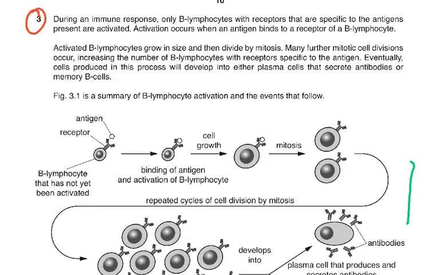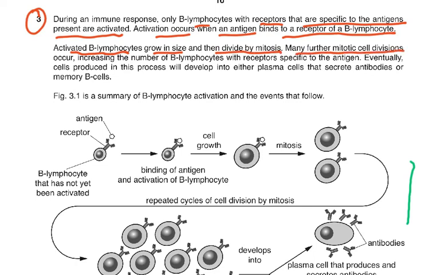Now, starting question 3. During an immune response, only B lymphocytes with receptors that are specific to the antigens present are activated. Activation occurs when an antigen binds to a receptor of a B lymphocyte. This is all what we studied in the AS level, and this is now something we are recapping. Activated B lymphocytes grow in size, then divide by mitosis.